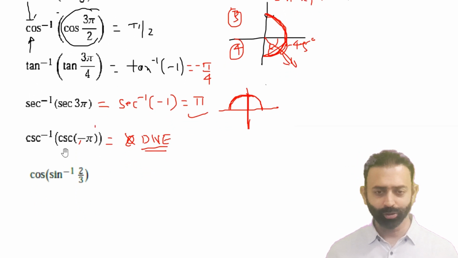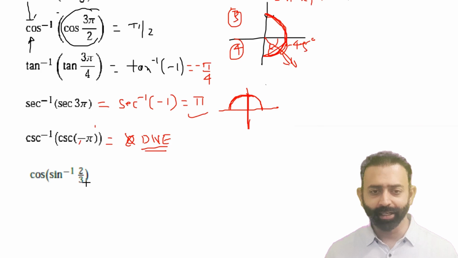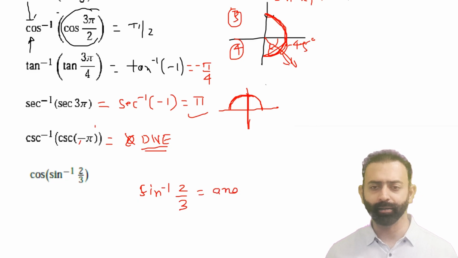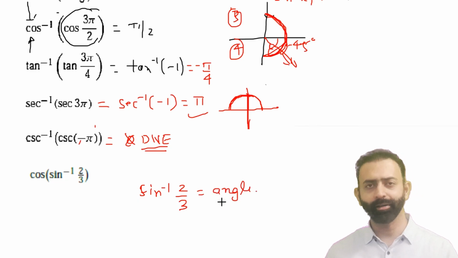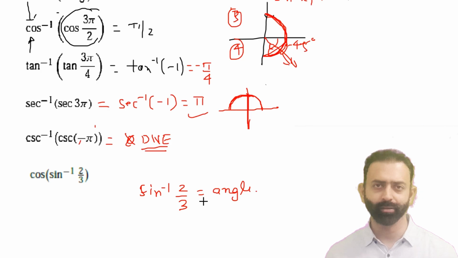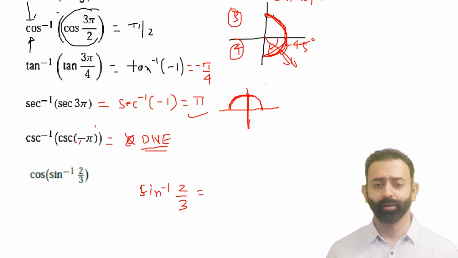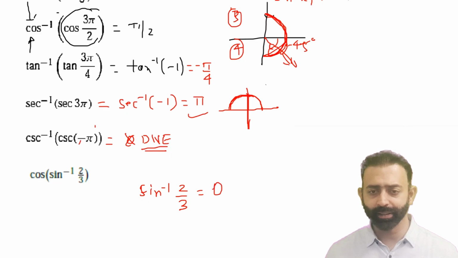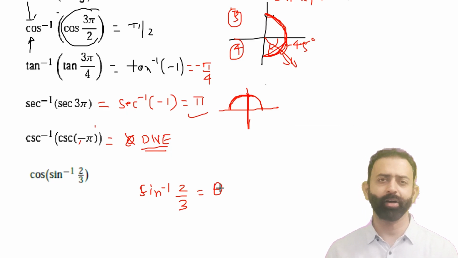Basically, sine inverse 2 by 3, as we know, represents an angle. Sine inverse 2 by 3 is an angle at which sine is 2 by 3. So if this is an angle, let us consider this as theta. Why are we doing this?